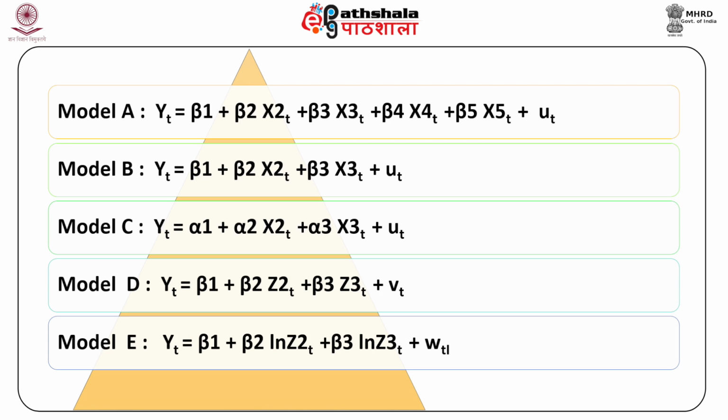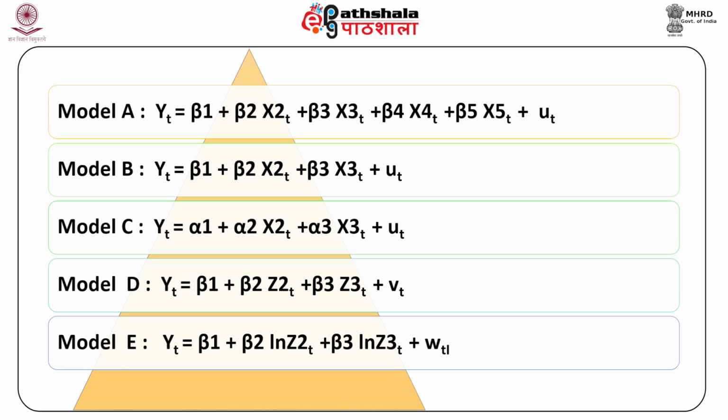Model C: yt is equal to alpha 1 plus alpha 2 x2t plus alpha 3 x3t plus mu t. Model D: yt is equal to beta 1 plus beta 2 z2t plus beta 3 z3t plus vt. Model E: yt is equal to beta 1 plus beta 2 log z2t plus beta 3 log z3t plus wt.